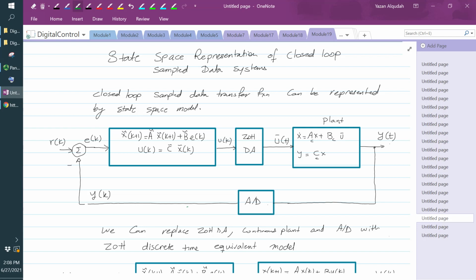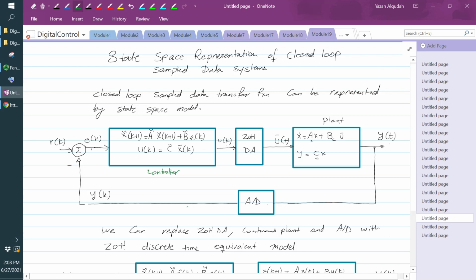The relationship between U of k and E of k is given by the state space representation of the discrete system. This is the controller. So this could represent my controller, and I represented the controller using state space representation, and I'm going to call these A tilde, B tilde, C tilde.